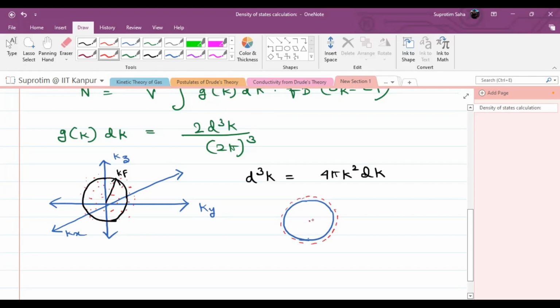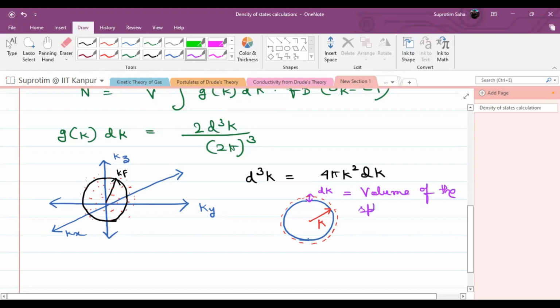If the Fermi sphere has a radius k, and this thickness is dk, then the volume of this spherical shell is given by 4 pi k squared dk, or d cubed k.